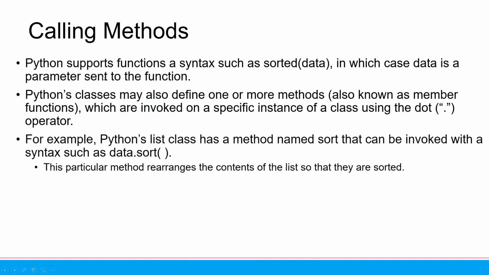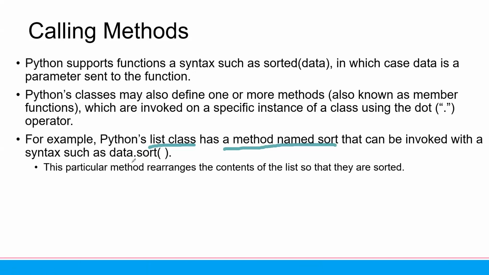Later on, we have some data, and if the data is in a list, I will explain about list later. In the list, we have one method, and the method name is sort. So the idea is the same as other programming languages like Java, C, and others.